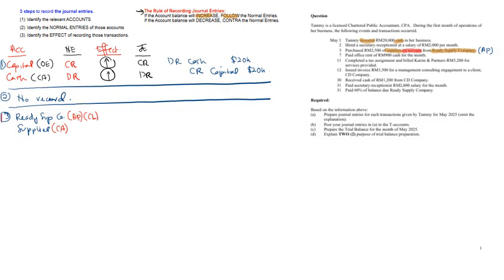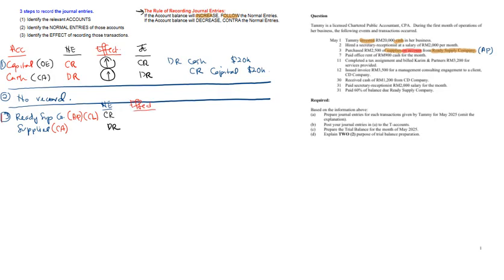So now, let's identify the normal entry for both of these accounts. The normal entry for current liabilities is always credit. As for supplies, which is asset, is always debit. Let's now try to understand the effect of this transaction if you were to record it.